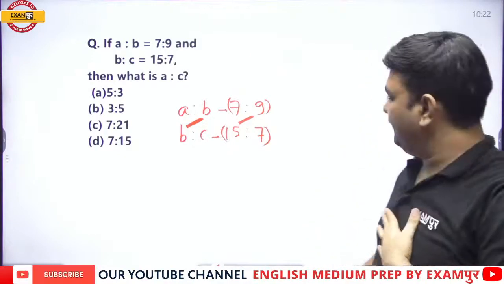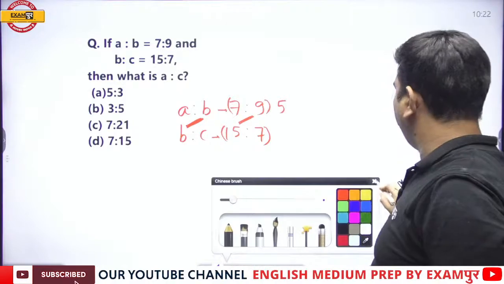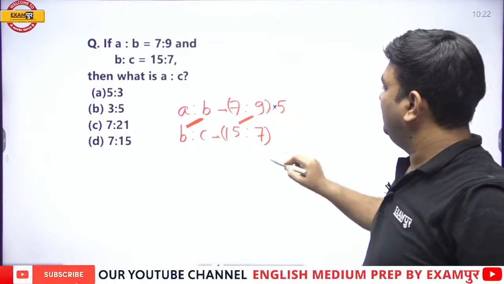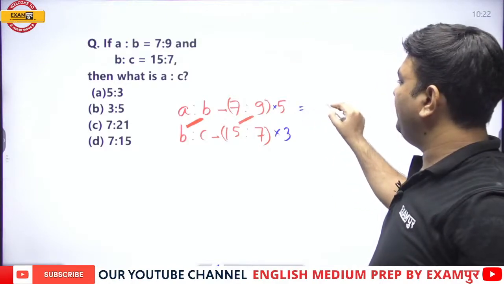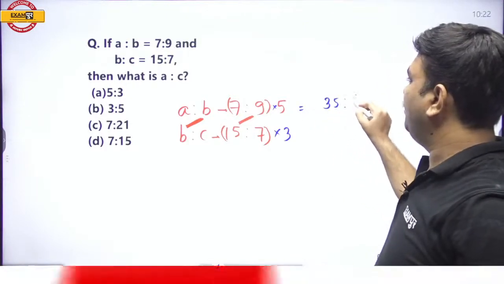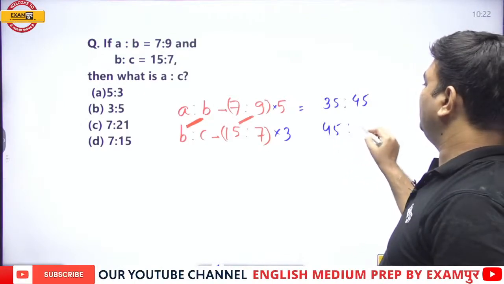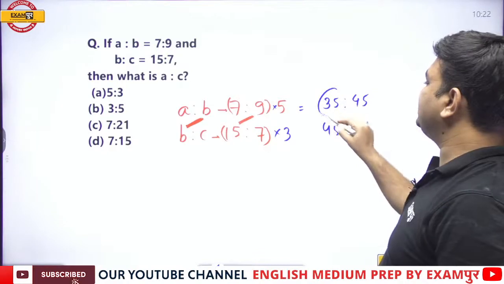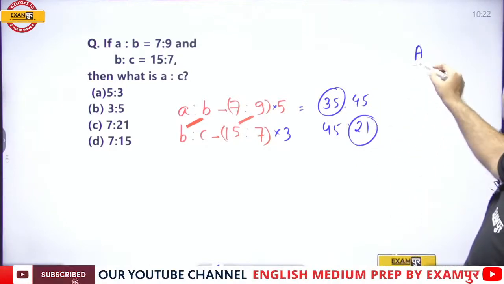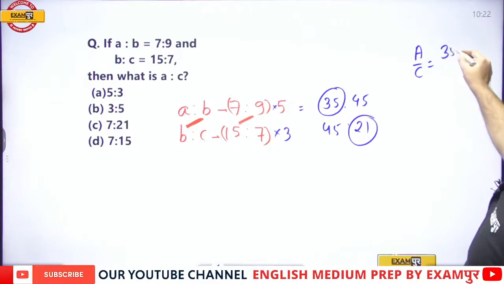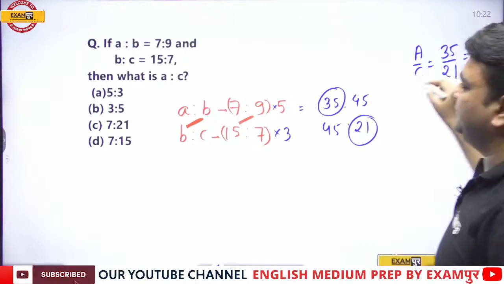So 9 times 5 is 45, and 15 times 3 is 45. So the value of A is 35, B is 45, and C is 21. So A by C is 35:21, which is 5:3 after dividing by 7.